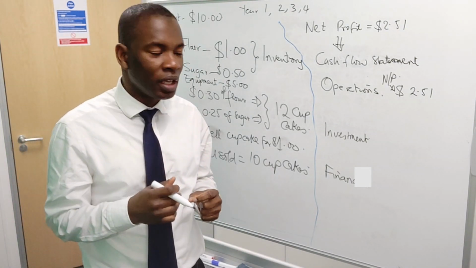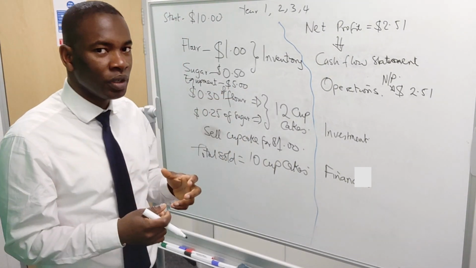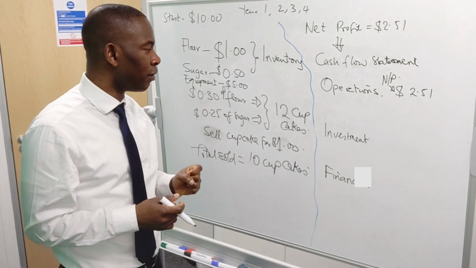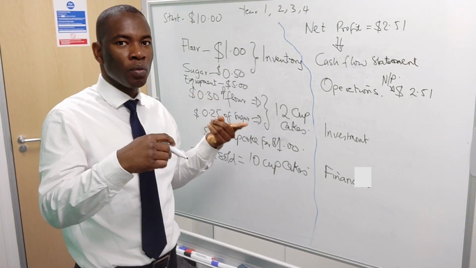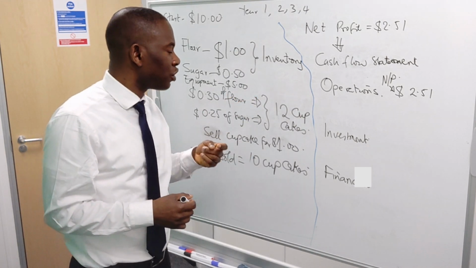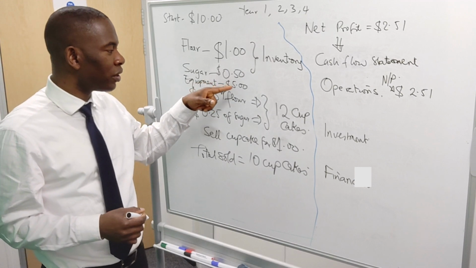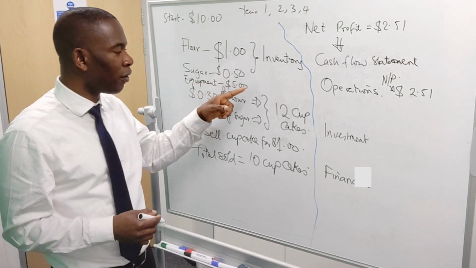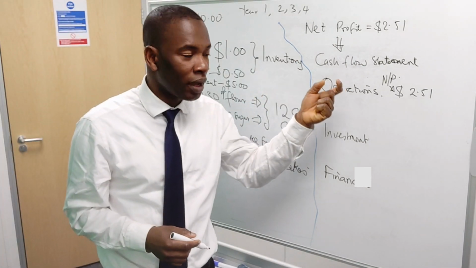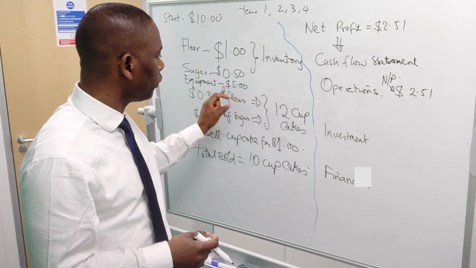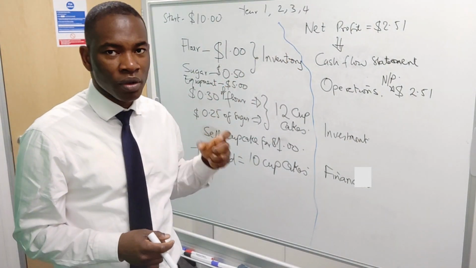So each year of our operation, the equipment is going to be worth $1 less. If we take a charge of $1, the equipment at the end of year one becomes $4, and that's $1 that we have removed from this equipment. We are going to charge it through the income statement.